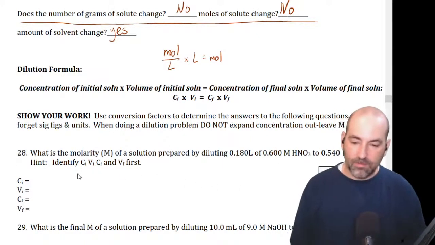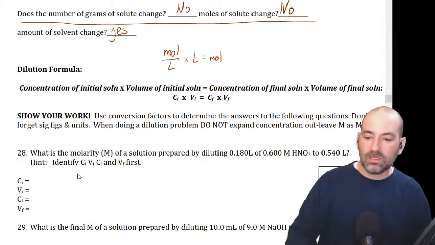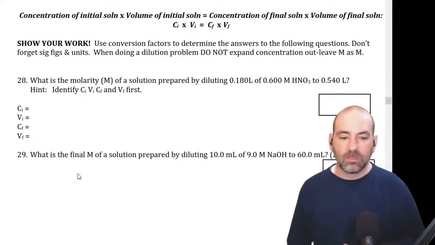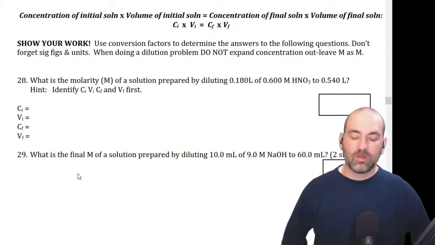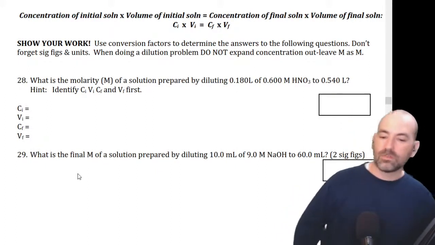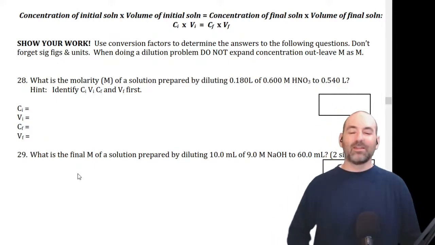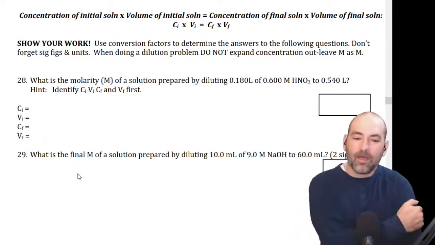So for example, number 28 here, what is the molarity of a solution prepared by diluting 0.180 liters of 0.6 molar HNO3 nitric acid to 0.540 liters? Okay, that's a lot of numbers. Let's think about what's going on there.